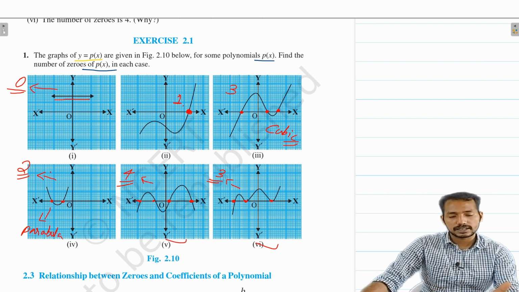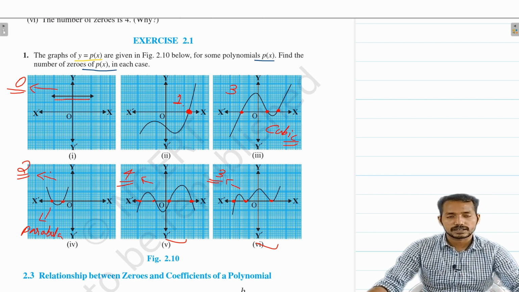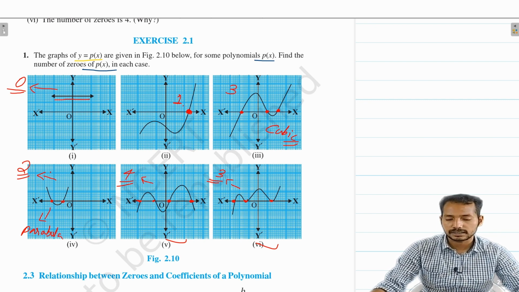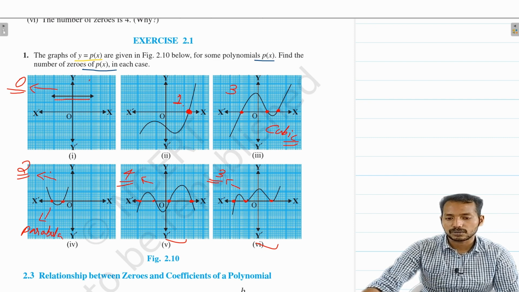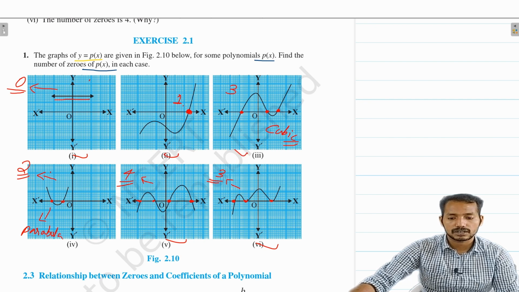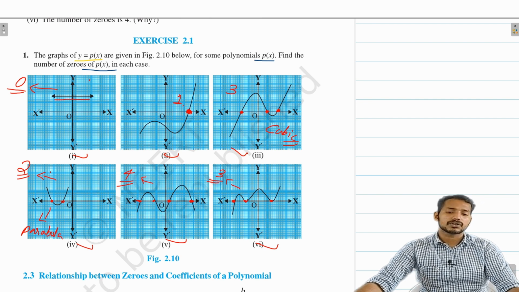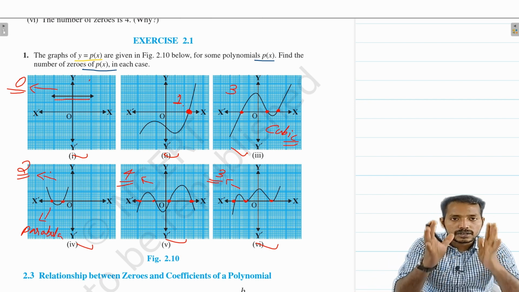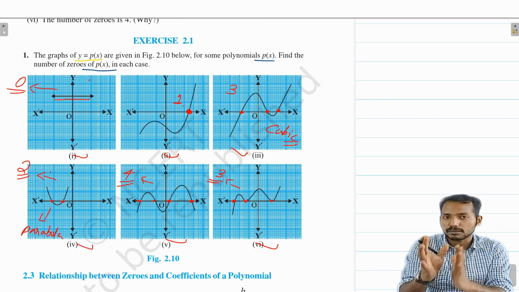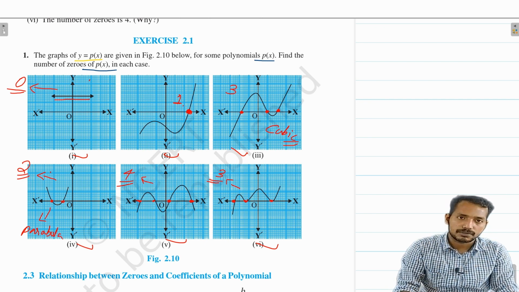They are of degree more than 3, a higher degree polynomial. Okay, so the first option is a linear polynomial, second and third are cubic, fourth one is quadratic. These two are higher degree polynomials. Clear? So we need to remember how to find the number of zeros from the graph.